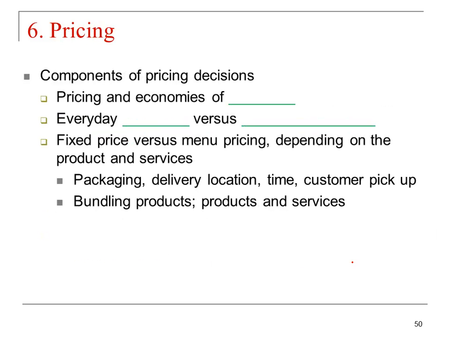In terms of the components of pricing decisions: pricing and economies of scale, everyday low pricing like Walmart versus high-low pricing, fixed price versus menu pricing, depending on the product and services, sometimes depending on the quantity, packaging, delivery, locations, time, customer pickup. So there's a lot of things that can influence your pricing strategy.